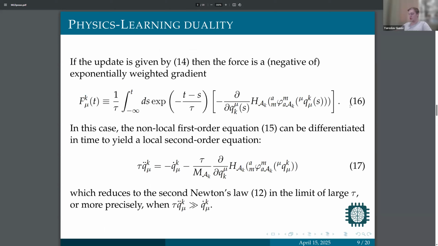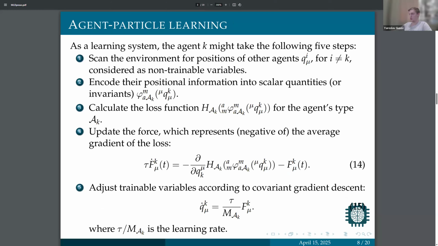Essentially equation 16 is probably easier to understand, because here you have just the minus gradient of the loss function averaged exponentially with an exponential window function. And equation 16 is actually equivalent to equation 14.